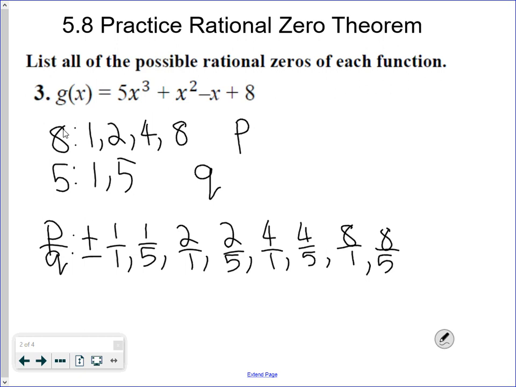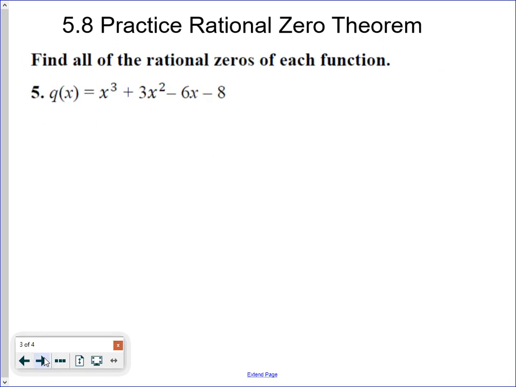I always want to make sure to see if I have any fractions that are the same. In this case, I don't have any fractions that are the same, so I don't need to cross off any. So these are all the possible rational zeros for the function g of x.